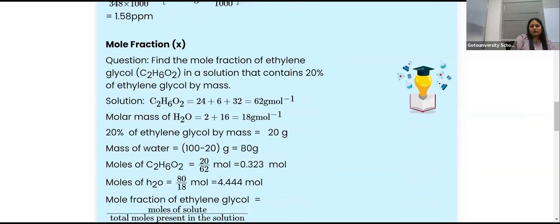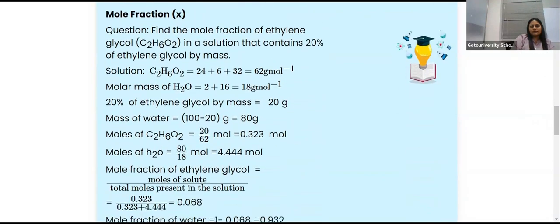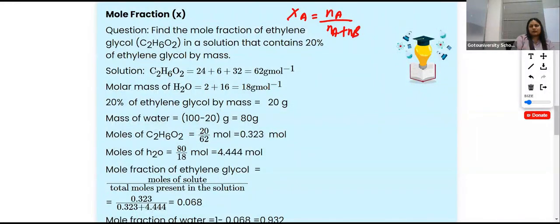Let's move on to our next numerical, which is based on the fifth method that we have studied for expressing concentration, that is mole fraction. Can you tell me the formula for mole fraction? Number of moles of solute over total number of moles, right?